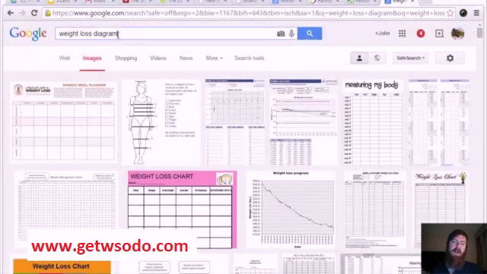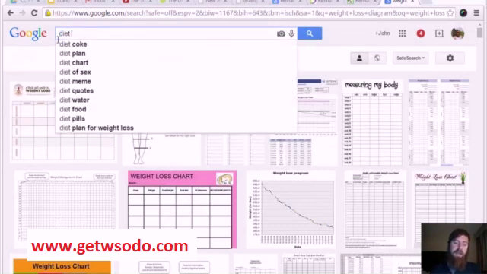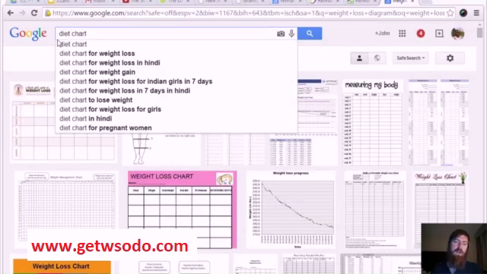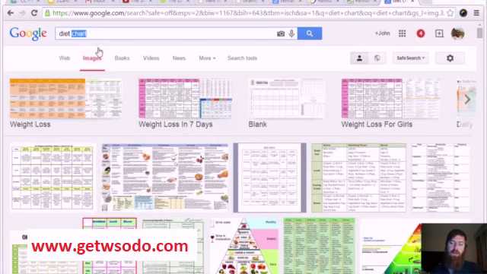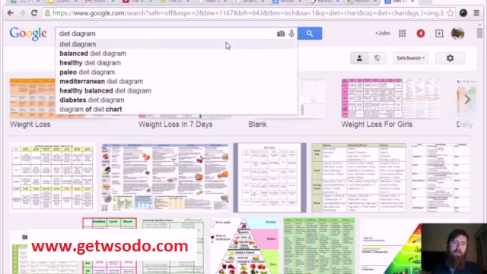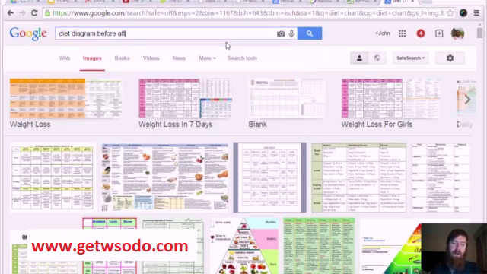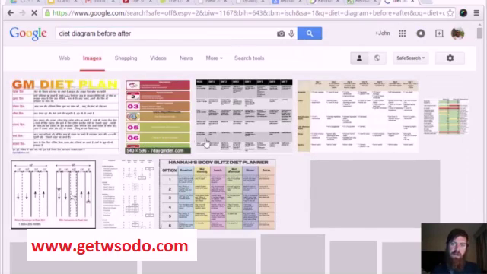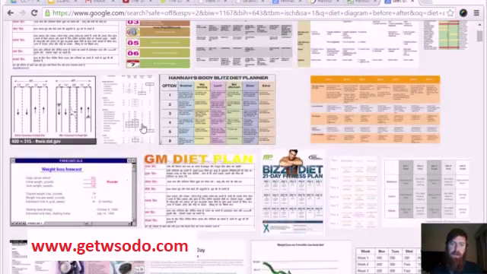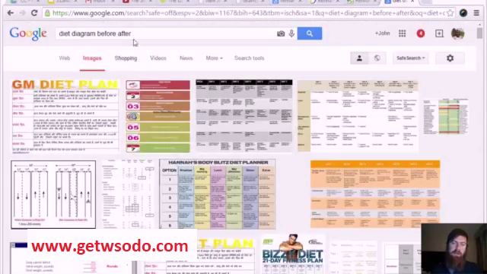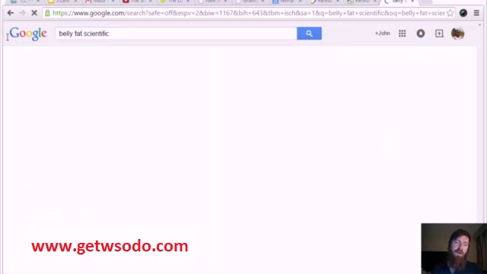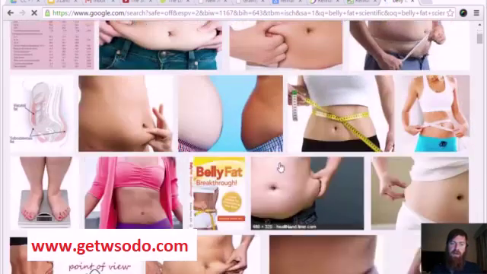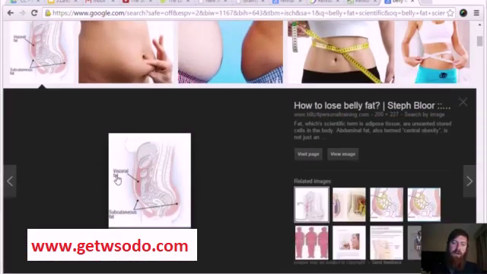I always look at stuff like that: diet chart, or diet diagram, before after, stuff like this. Belly fat, scientific, and I'll just do stuff like that. Here's a great one.